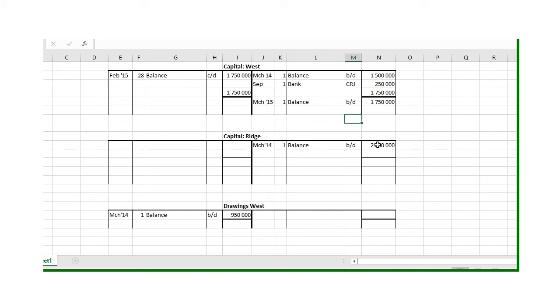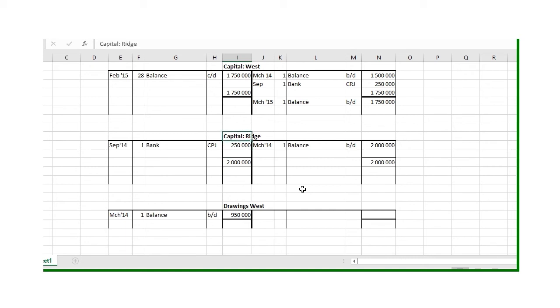Rich, however, must take out some money also on the 1st of September. Take out means we're going to give him a cheque, pay it out of our account, which is a CPJ. So September 2014, the first, opposite account bank on the CPJ, 250,000. We now balance his account. That side is the biggest, so the total is 2 million, which means that side must also be 2 million.